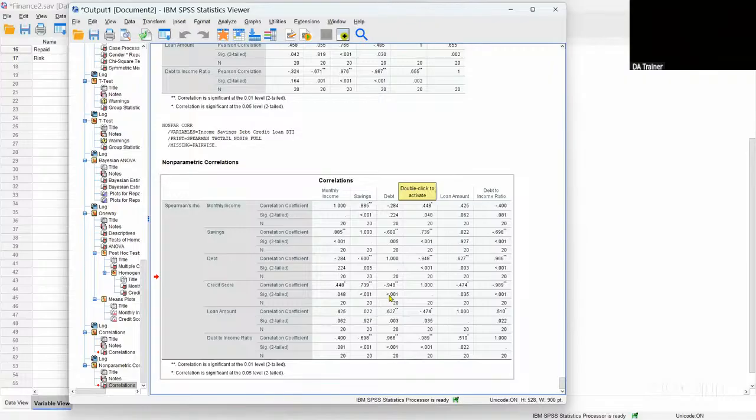So with this, you can now boldly say that monthly income affects or has a relationship with savings, meaning that with an increase in monthly income, there is an increase in monthly savings.